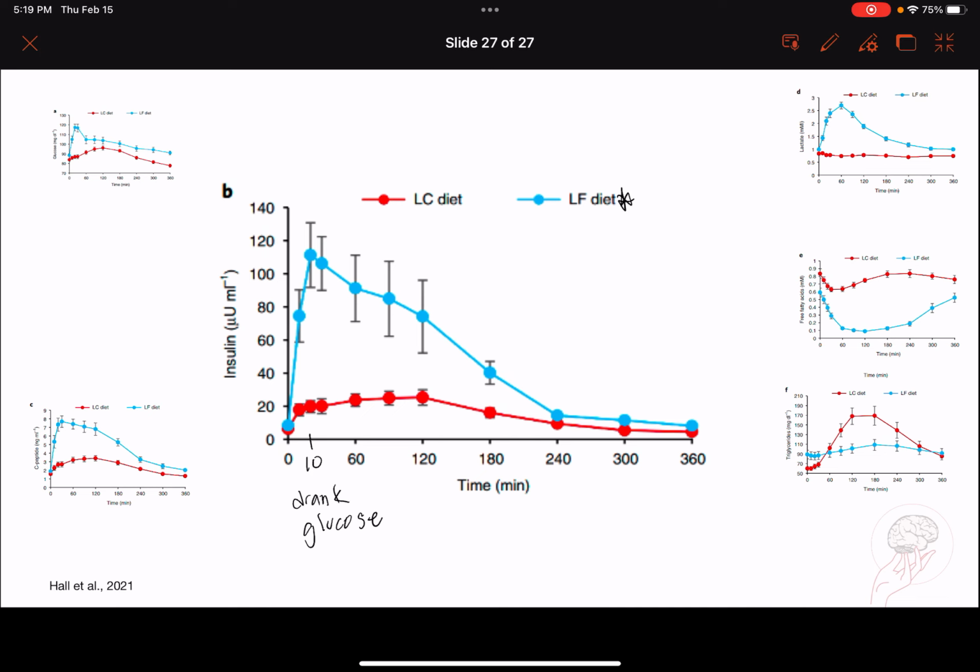We see another spike, and this time it's a spike in insulin. But we don't see a spike in insulin in the low-carbohydrate diet. We do in the low-fat diet. The insulin spikes, and then it goes back down. And there's no difference at the latter half.